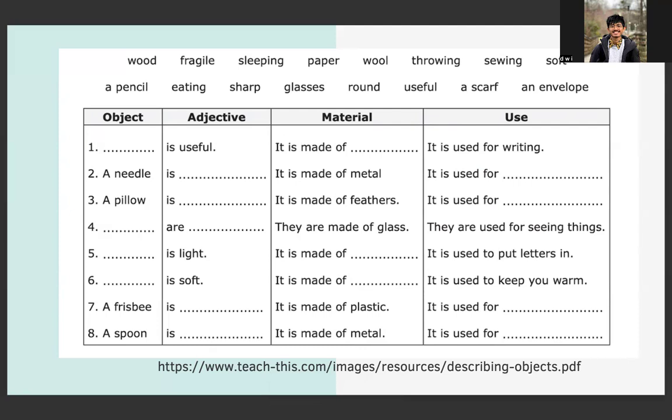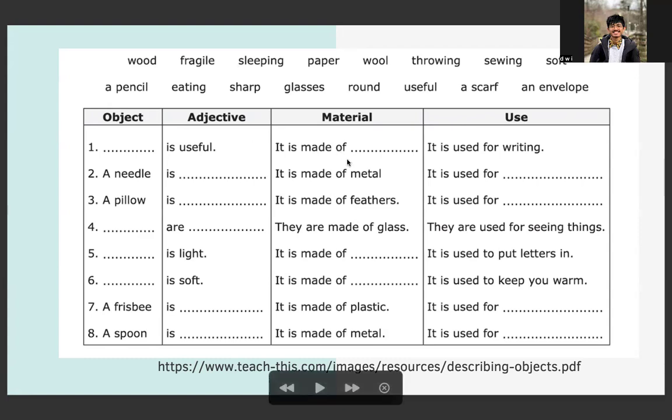Either it is something to write with or something to put writing on, right? Is it paper or is it pencil? Because it is used for writing, then it is a pencil here because we cannot find any pen or marker here. So the object is a pencil and it is made of wood.